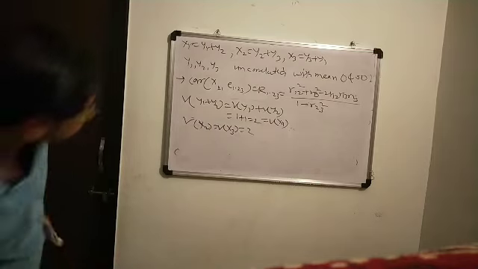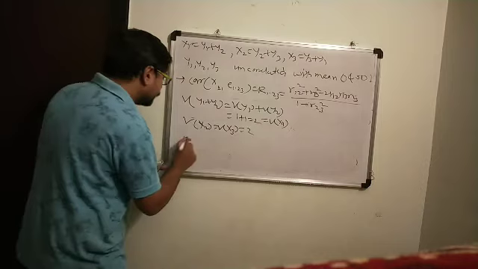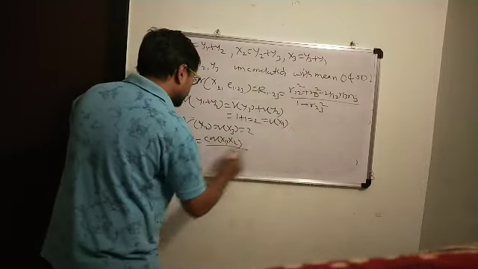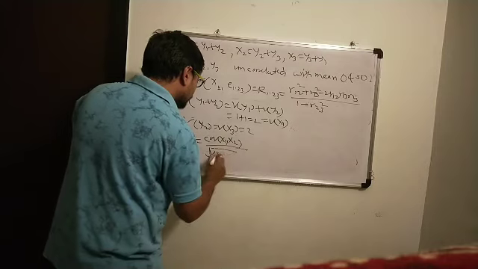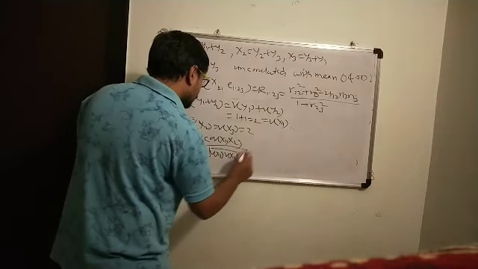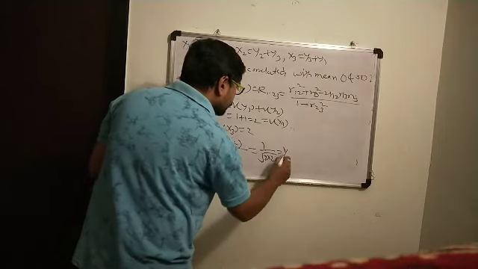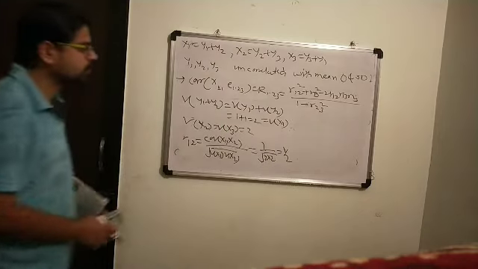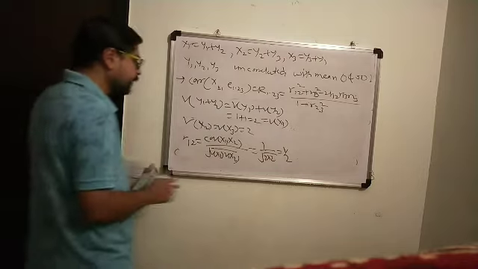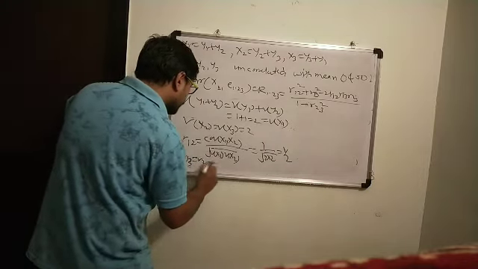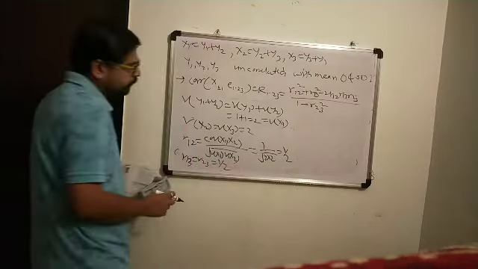So now R12 is equal to covariance between x1 and x2 divided by square root of variance of x1 into variance of x2. So 1 upon root of 2 into 2, which is equal to 1 by 2. So R12 is 1 by 2. Similarly, R13 and R23 are also 1 by 2.